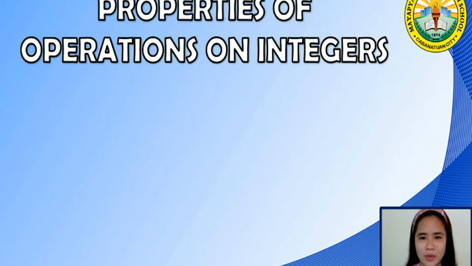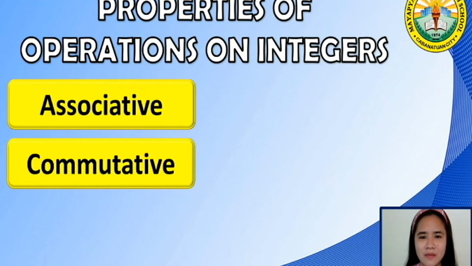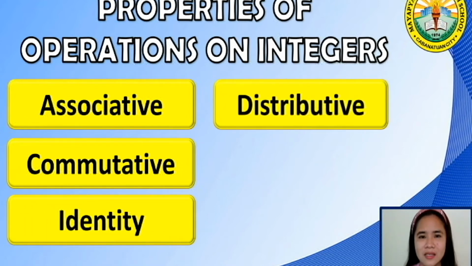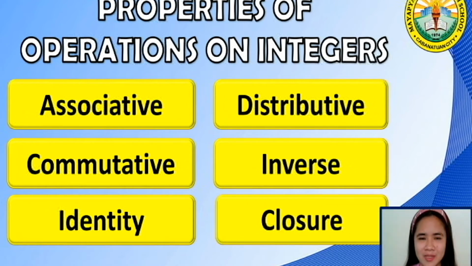Let us have first the different properties of operations on integers. The different properties of operations on integers are associative, commutative, identity, distributive, inverse, and closure property.